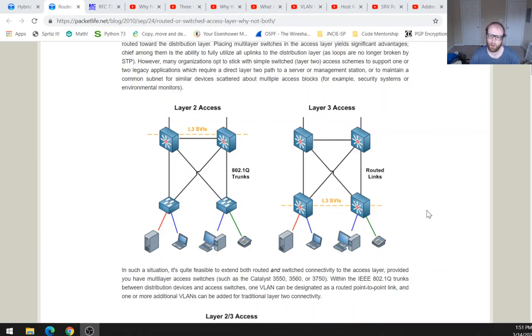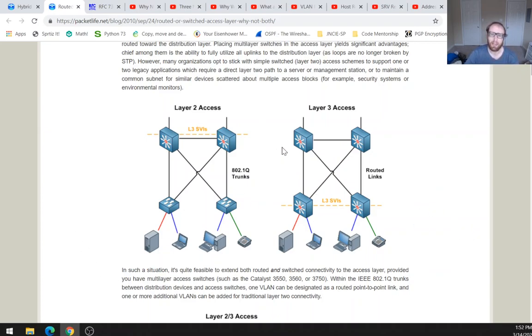So really there's no reason to ever design the network without layer 3 extended to the access, without your L2/L3 boundary routers being the access routers, unless you have a special case that does not allow for that, where for some reason you have special traffic that can't be routed and just requires a broadcast domain.